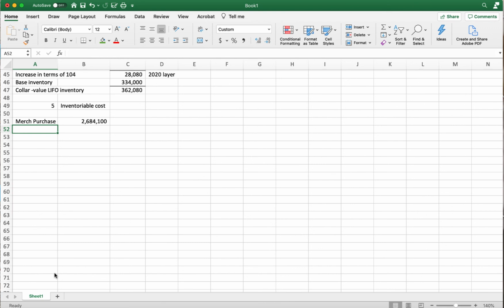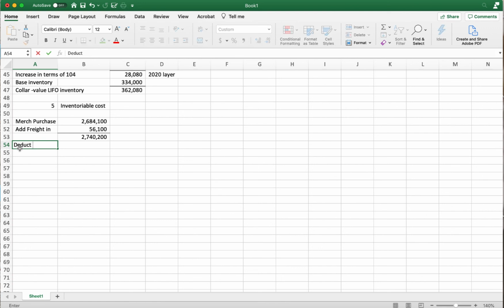Next, we need to add freight in. Well, the freight in was $56,100. So if I add these two up, I get $2,740,200.